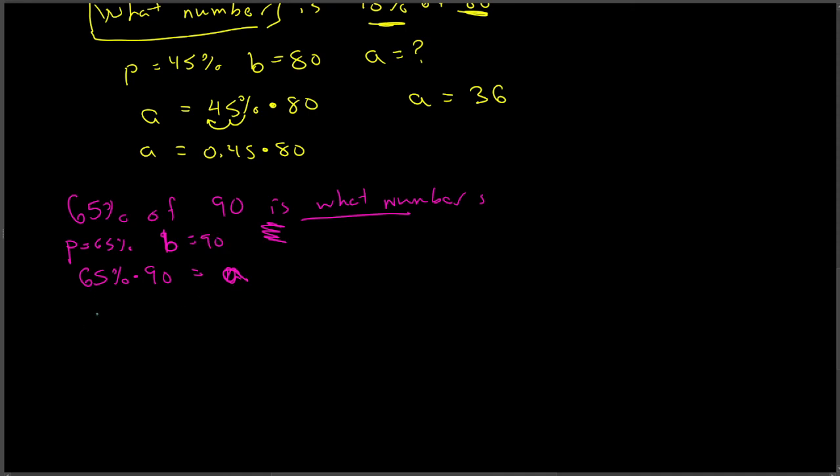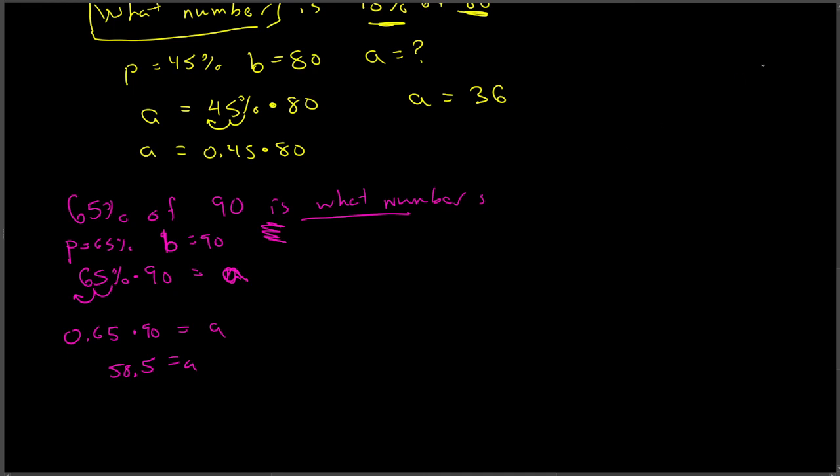So my percent times the base equals the amount. I'll change this to a decimal by moving the decimal place over twice to the left, to go from percent to decimal. 0.65 times 90 equals A. And I run to my calculator, and I get 58.5. So 58.5 is 65% of 90.